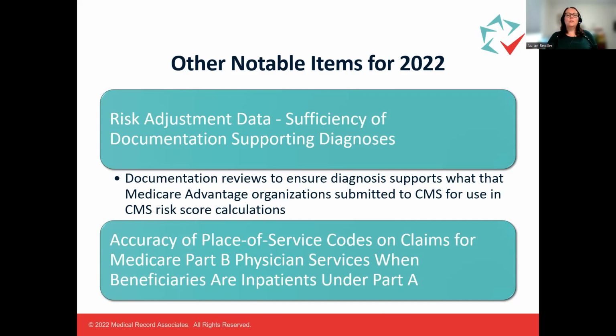They're going to look at Medicare Part B physician services when beneficiaries are inpatient under Part A. So this matters for organizations that treat both acute and non-acute, Part A, Part B, and how that works between the two. It might be a great area to do a quick audit on, and also an area for training, especially for coding areas. So definitely something to take a look at.